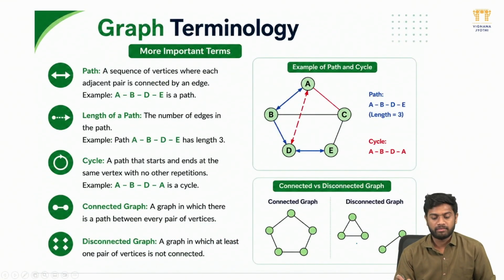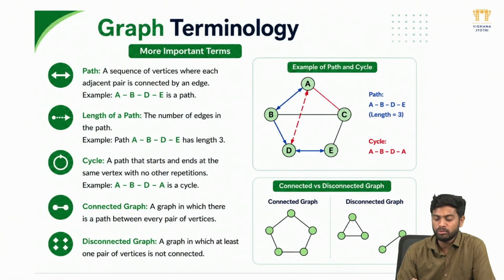For this directed graph, some more important terms we have to represent: path. A path defines a particular way from source to destination. For example, if we consider path A to B, B to D, D to E, now here the length is 3. Here we are having an example of a path.